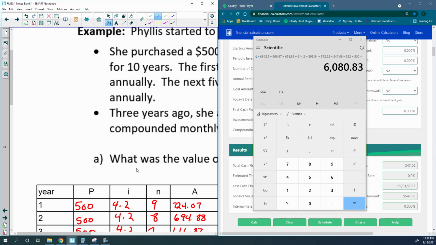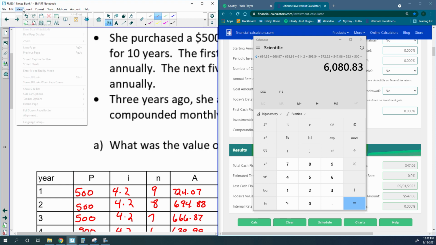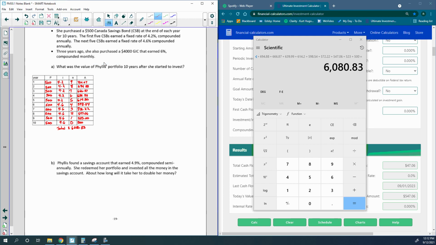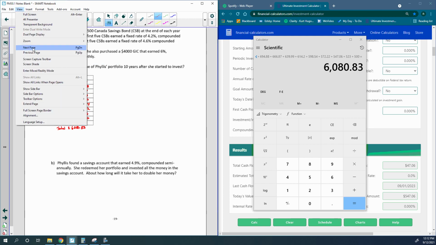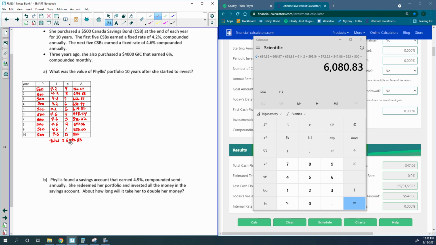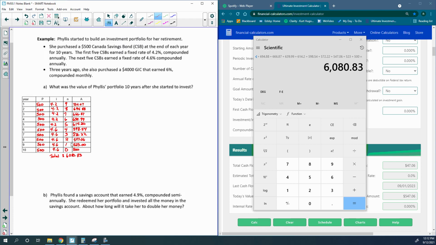Okay. But that is not all. So I'm going to shrink back down again for my view. Other page width. Okay. So that's the Canadian savings bonds, the CSB. And now we need to do this GIC.